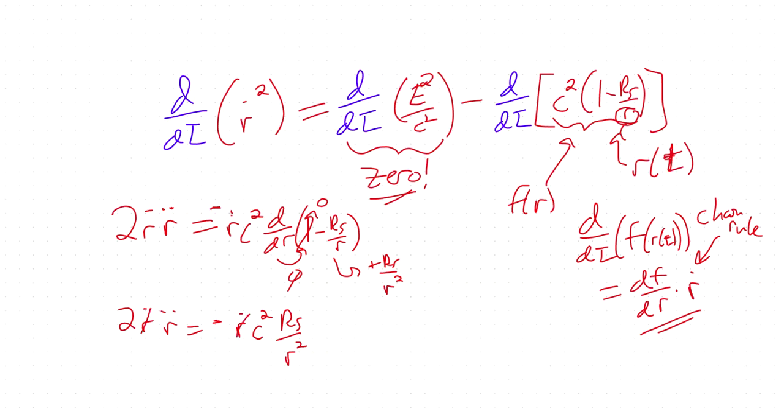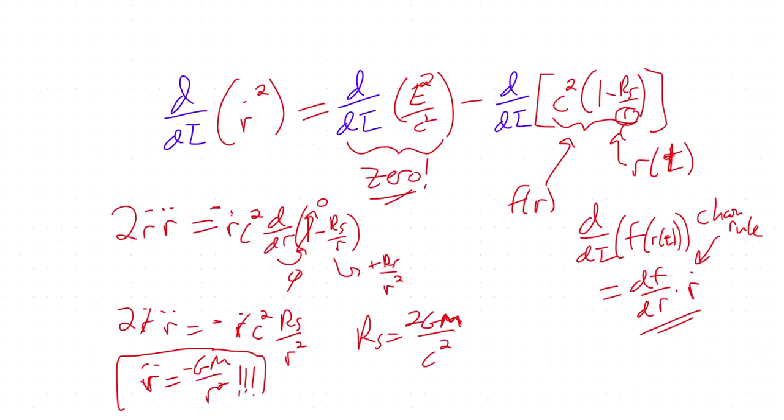Replace RS with 2GM over C squared. Aha. So we get R double dot equals negative GM over R squared.